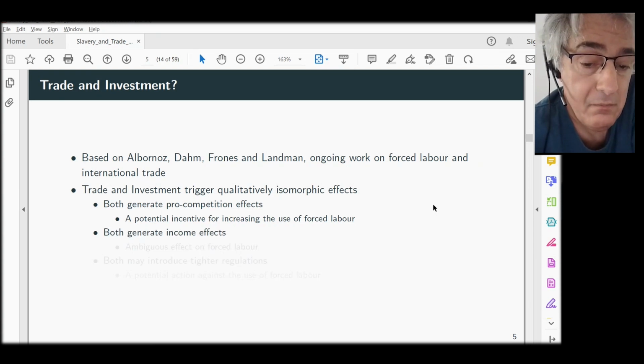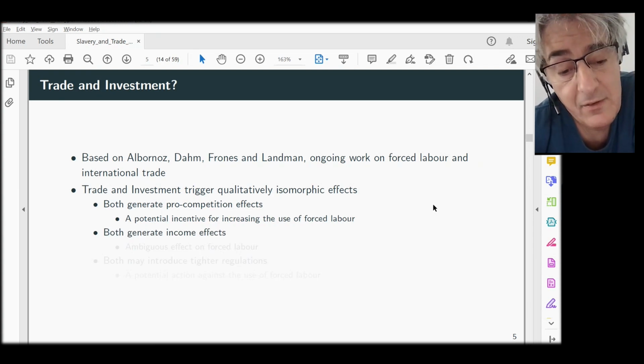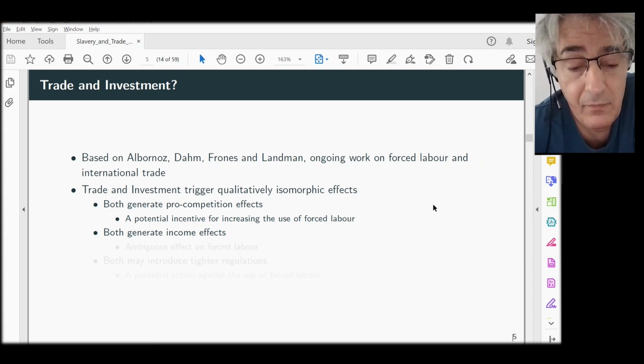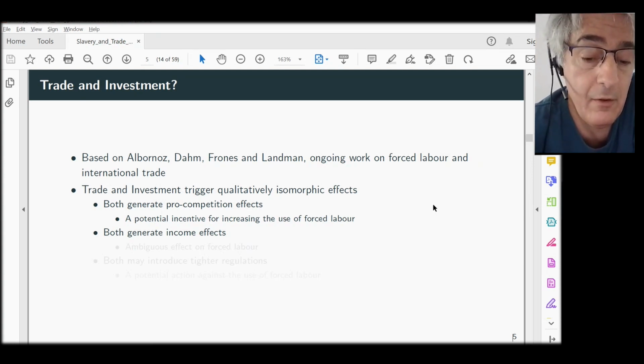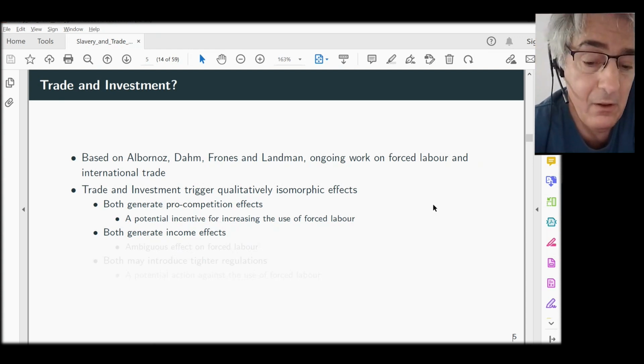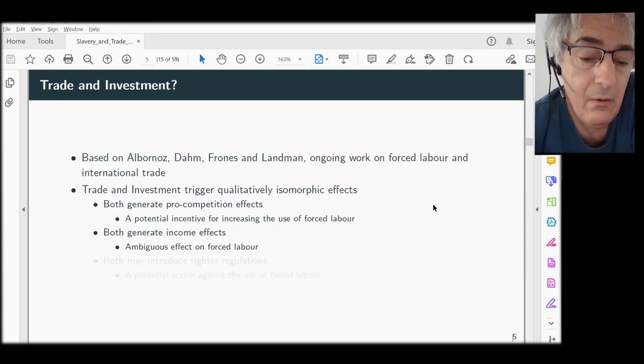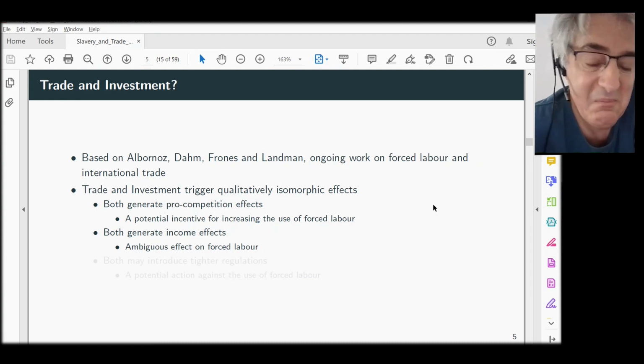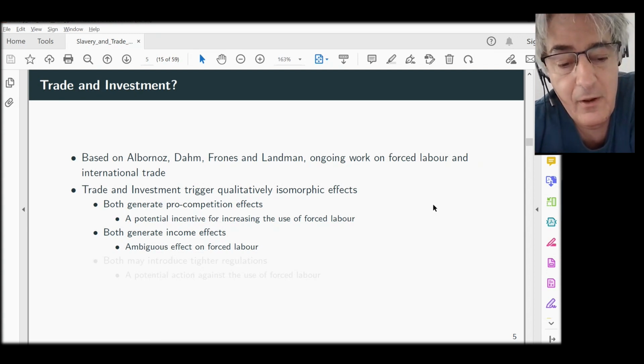But also, trade and investment generates income, and these income effects, if they are positive, could in a way reduce or generate conditions for fighting forced labor, but also generates more incentive to appropriate a bigger pie. So I would say, in principle, the effect of income on forced labor is ambiguous.